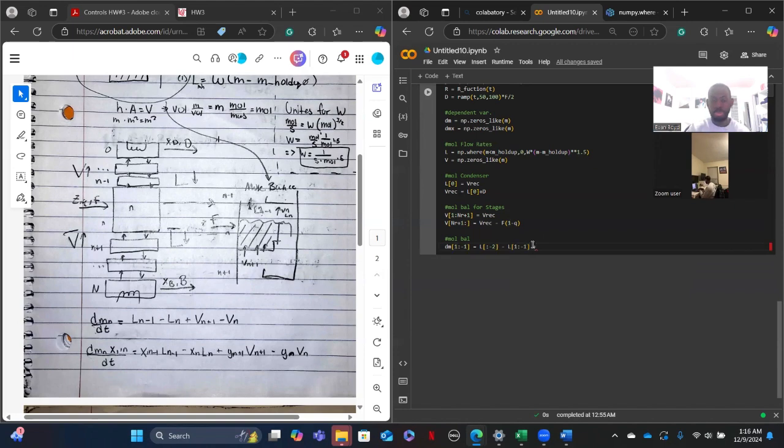Then we do vapor, and vapor is n+1. So our vapor leaving from our stage all the way to our reboiler, then minus our vapor of the stage, so 1 to -1.